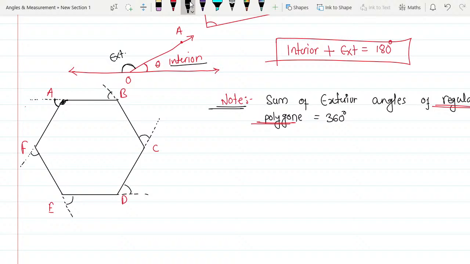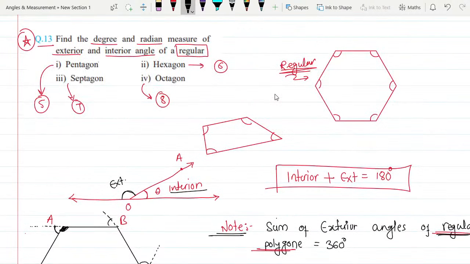Now what I told you, the sum of the exterior angles of a regular polygon is 360. As it is a regular one, all the inside angles are the same. Just now we discussed that in a regular polygon all the interior angles are the same. So all these 6 angles are the same.